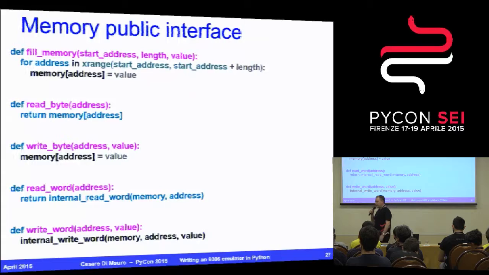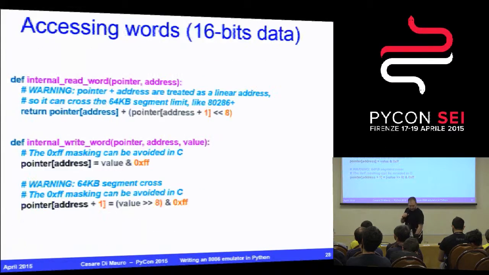I also defined public APIs for accessing memory. I can fill the memory, read a byte, write a byte, read a word and write a word. Some trivial stuff. To access the words, I need to create two special functions because of the so-called endianness problem.